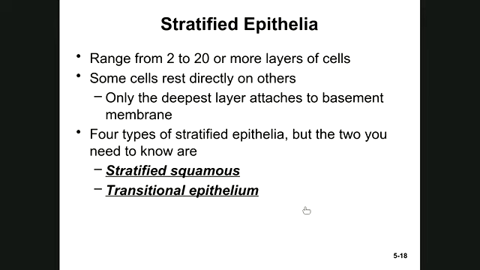In the stratified epithelium, we have 2 to 20 layers of the cells, sometimes more than this. Some cells rest directly on the others, and only the deepest layer of the cells can touch the basement membrane. We have 4 types of stratified epithelium, but 2 of them are necessary for you to know.